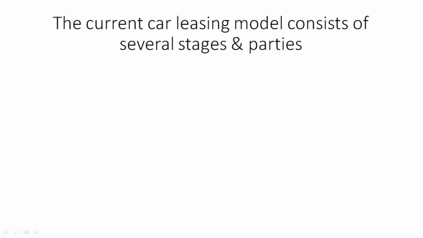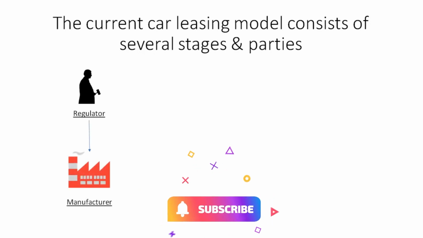So let's start. Now, why was there a requirement to use blockchain in car leasing? To understand that, let's look at the current system or the old system that was being used. It would first start with the regulator who would pass an allowance to the manufacturer to manufacture that car.